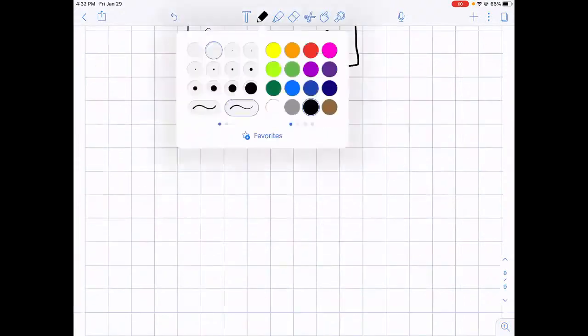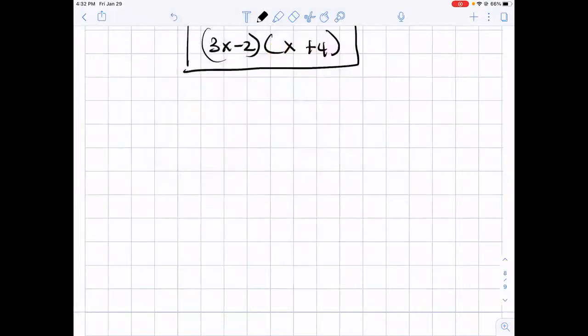If you look at another example, if I ask you to factor 2x squared plus 14x plus 24.